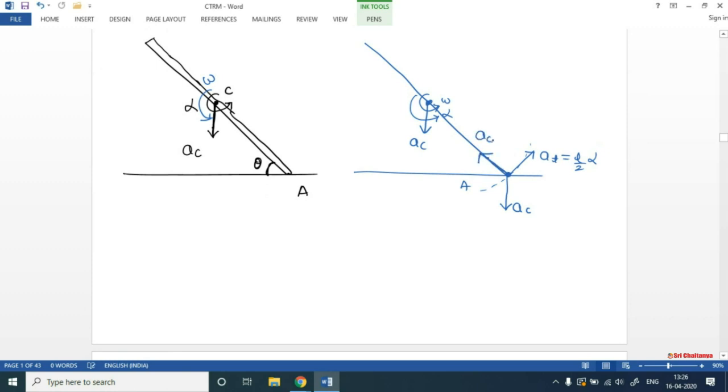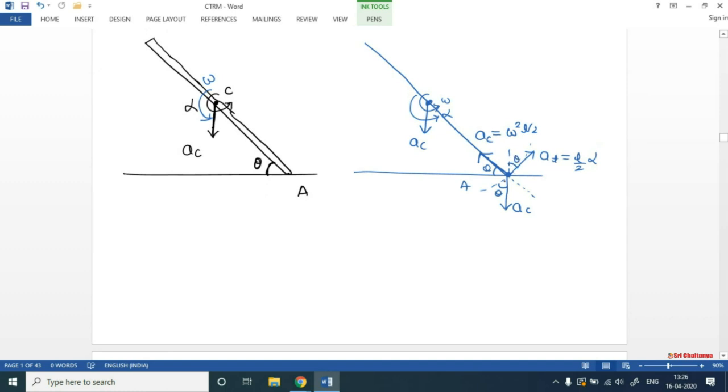The centripetal component is equal to omega square L by 2 over here, and this angle is theta. So this angle is going to be theta as well, and this angle is going to be theta as well over here.